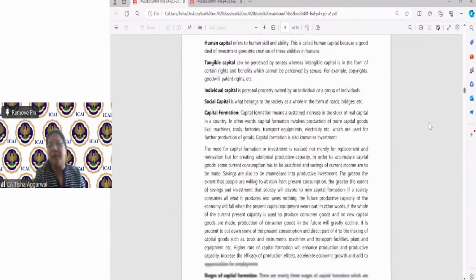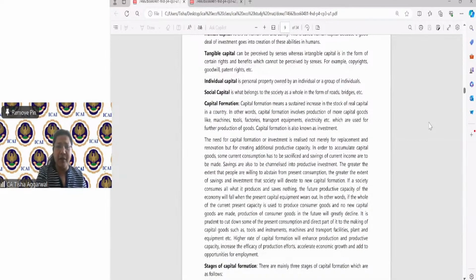Next is capital formation. What is capital formation? Okay, let's do one thing. I would like you to read up till social capital and then give me doubts. Then we will proceed further. Just give me doubts up till here.